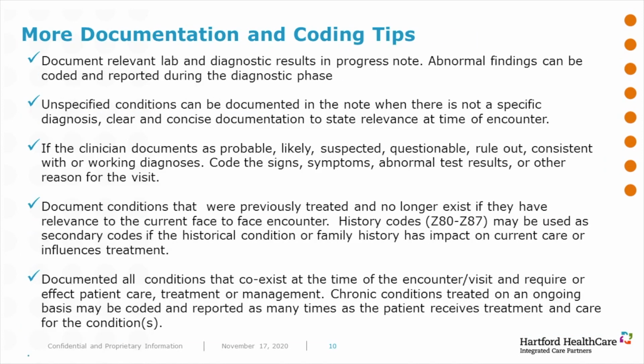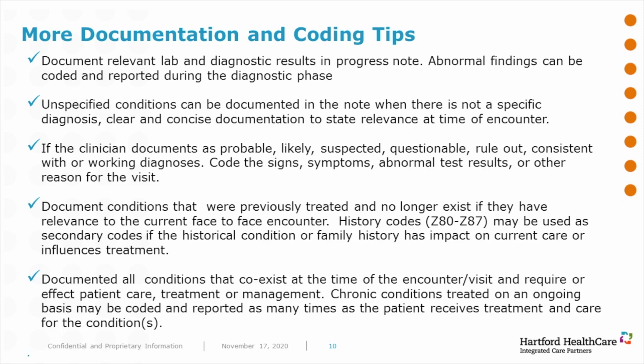More documentation and coding tips. Document relevant lab and diagnostic results in the progress note. Abnormal findings can be coded and reported during the diagnostic phase of your patient's encounter. Unspecified conditions can be documented in the note when there is not a specific diagnosis.